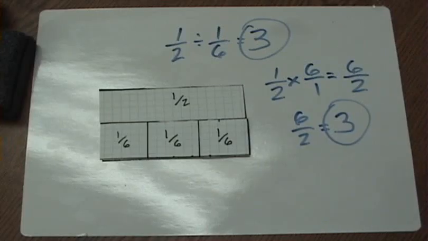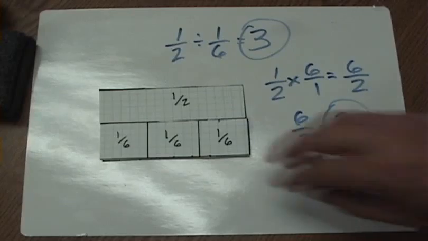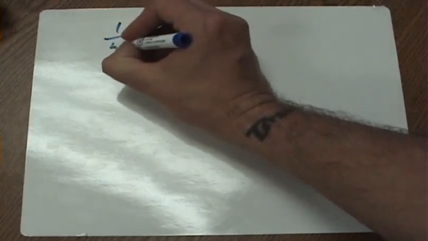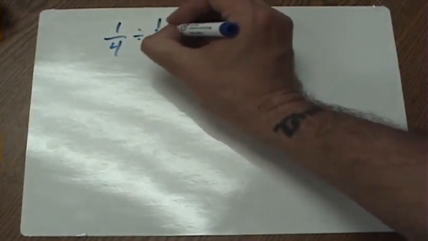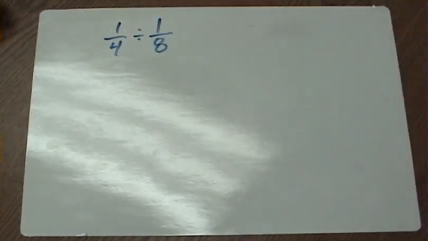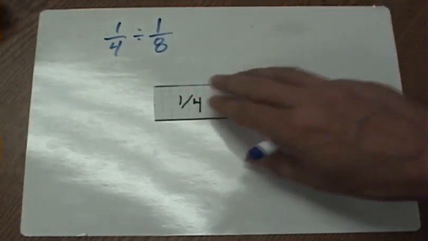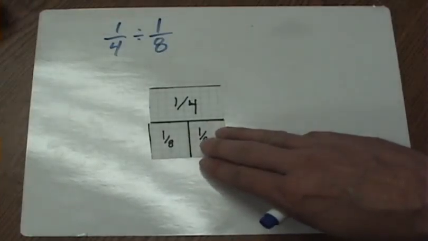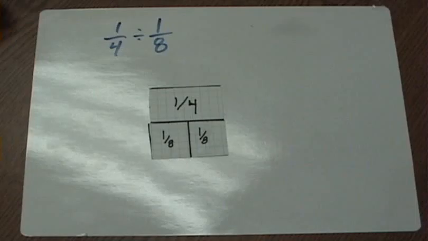Let's take a look at this with 1/4 divided by 1/8. If I have 1/4, what I want to see is how many groups of 1/8 I can put into it. If I take my 1/8 tiles, you're going to notice that 2 groups of 1/8 go into 1/4.